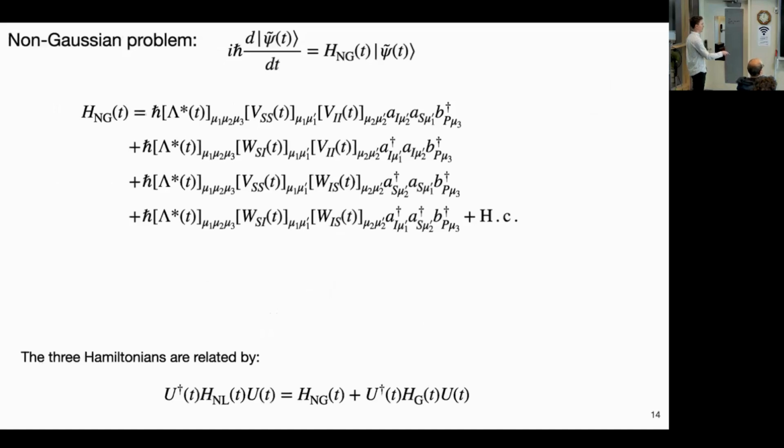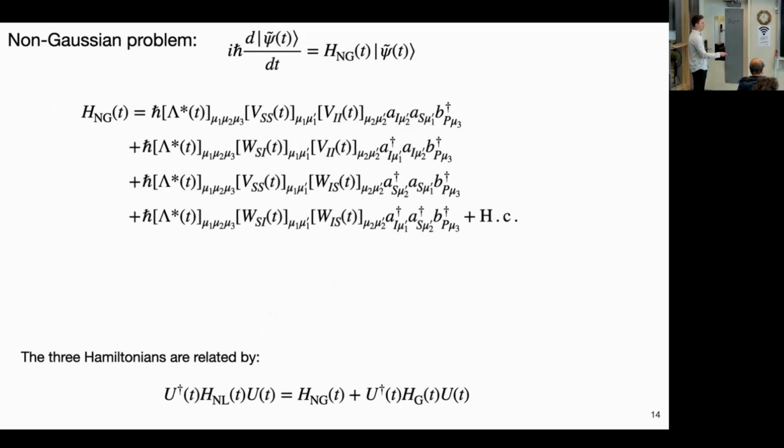And the Hamiltonians are related by this formula. You can think of this as a definition of the Gaussian and non-Gaussian Hamiltonian. And plugging our guess into the Schrodinger equation, this is the effective Hamiltonian that comes out.